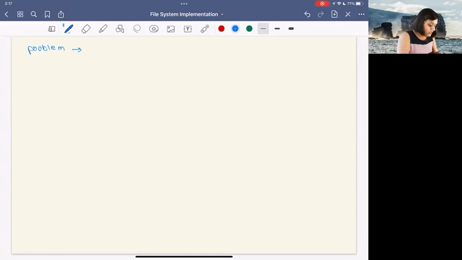So the problem with this approach of direct pointers that we could have inside inodes to locate our files is, what if the file is really big? What do I mean by really big?